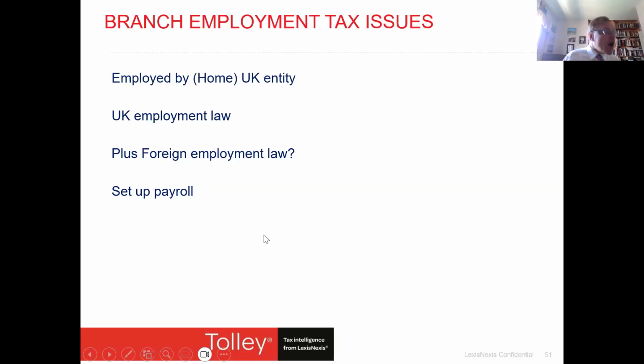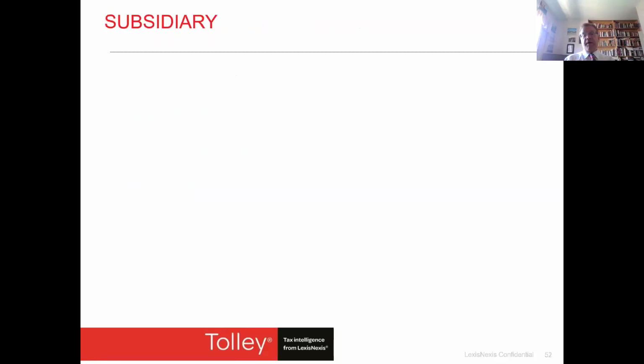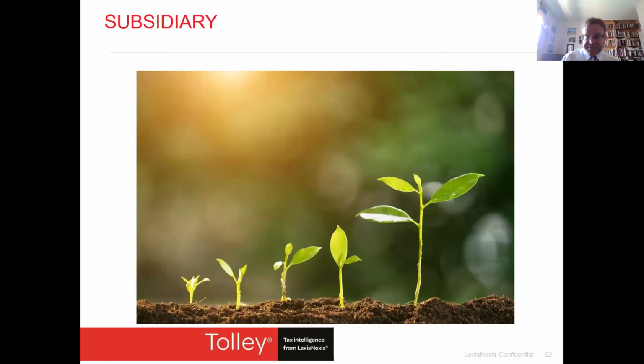So quite often you start off with the branch and then you end up with moving to a subsidiary. Now, a subsidiary is an independent plant. So what you can see there in the picture are little saplings. And they are therefore independent.